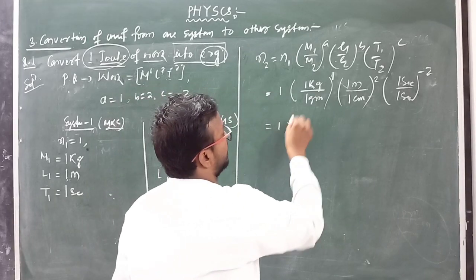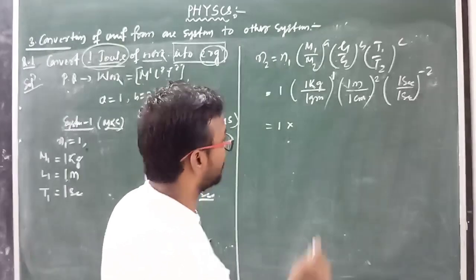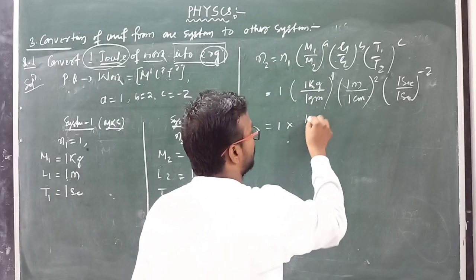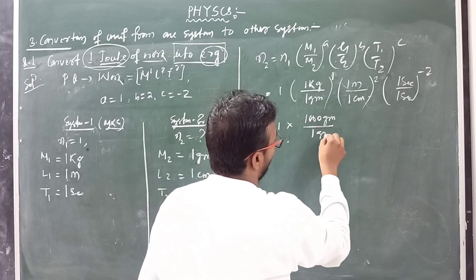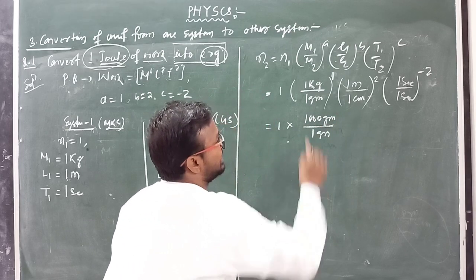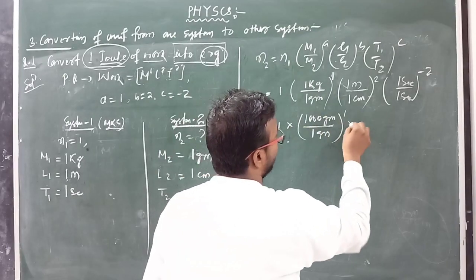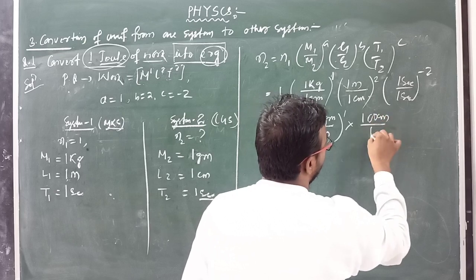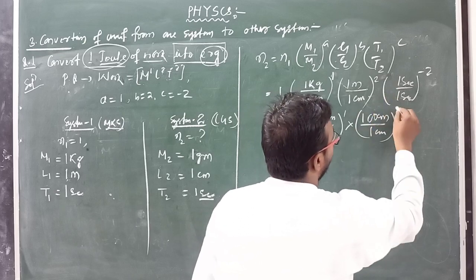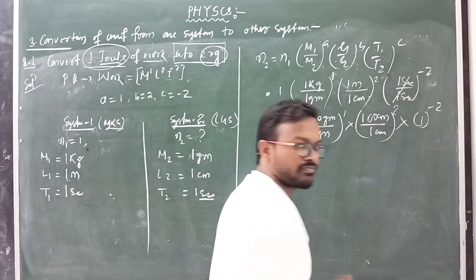So here 1 into 1 kg. You can convert kg into gram or gram into kg, so that there is one system of unit. So you can write 1 kg which is equal to 1000 gram divided by 1 gram. Clear? And 1 meter you can write as 100 centimeter divided by 1 centimeter, and its power is 2, and 1 second cancels, with power minus 2.